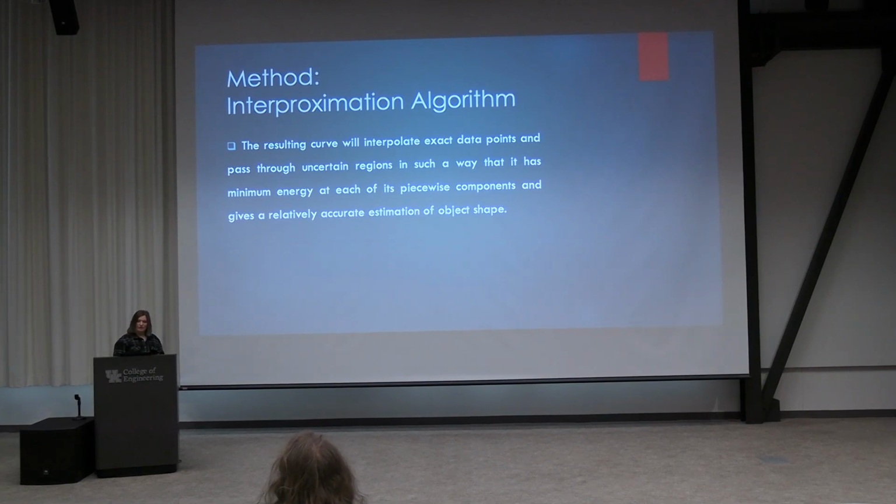So the resulting curves will interpolate the exact data. Well, if you constrain your algorithm to pass through a certain region, it may pass through the data point that could represent the center of that region, or it can pass anywhere in that region.